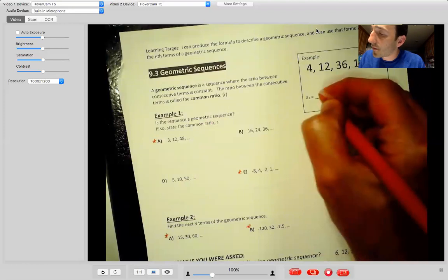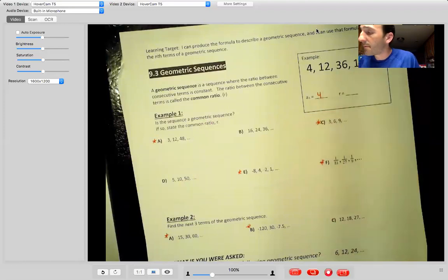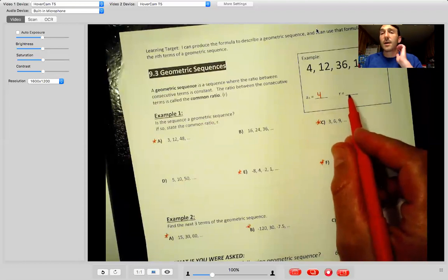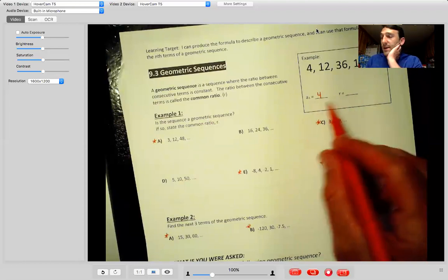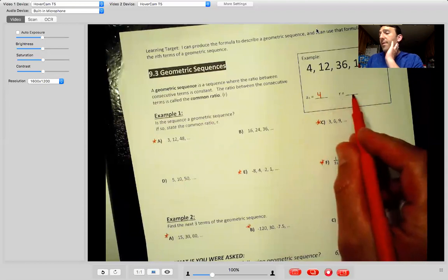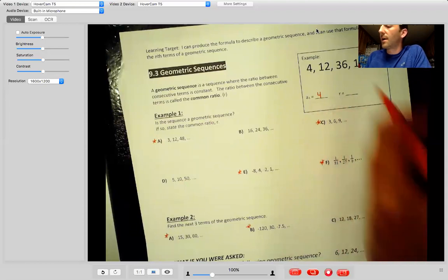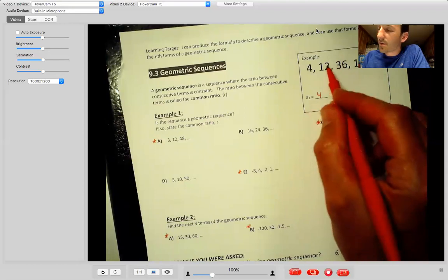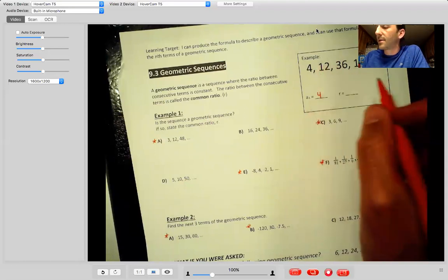A sub 1 is 4. We know what that means. And then the common ratio. So remember with arithmetic sequences, we had D for common difference. Here we have R for that common ratio. And so if this were an arithmetic sequence, we would take 12 minus 4 to get plus 8.